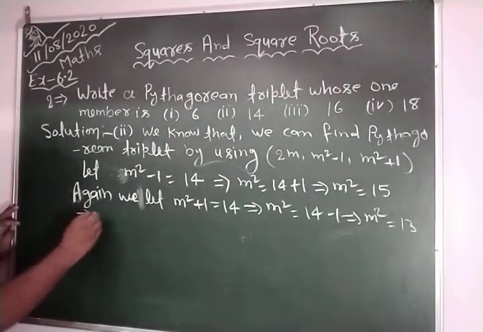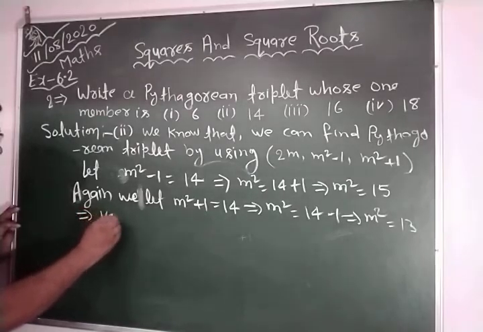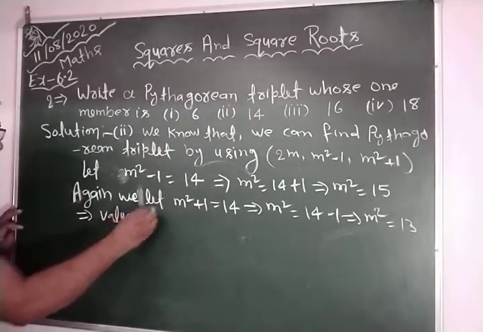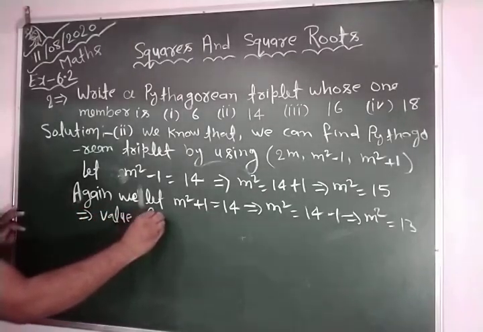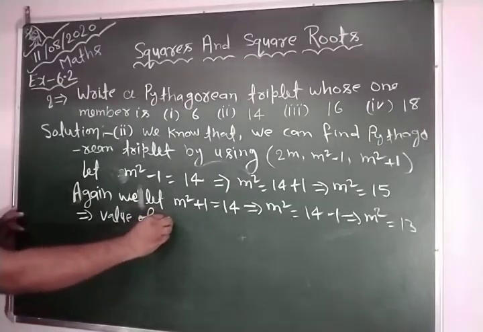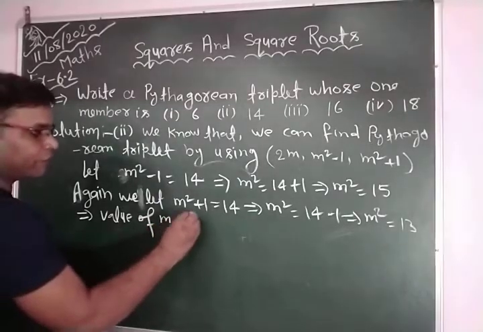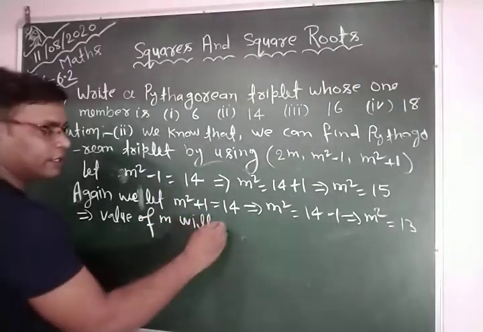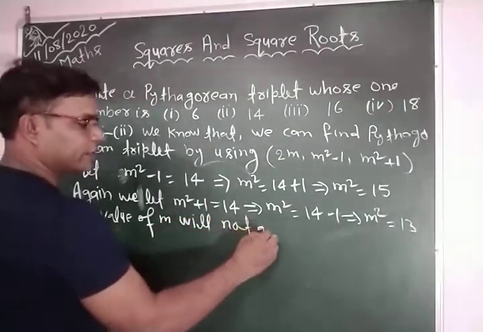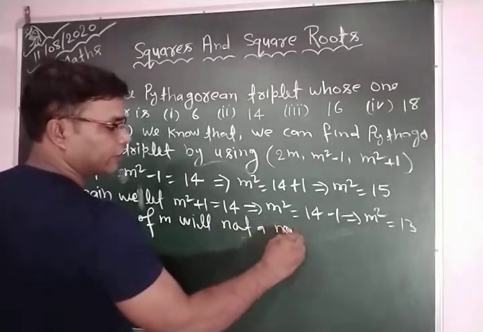This implies that the value of m will not be a natural number.